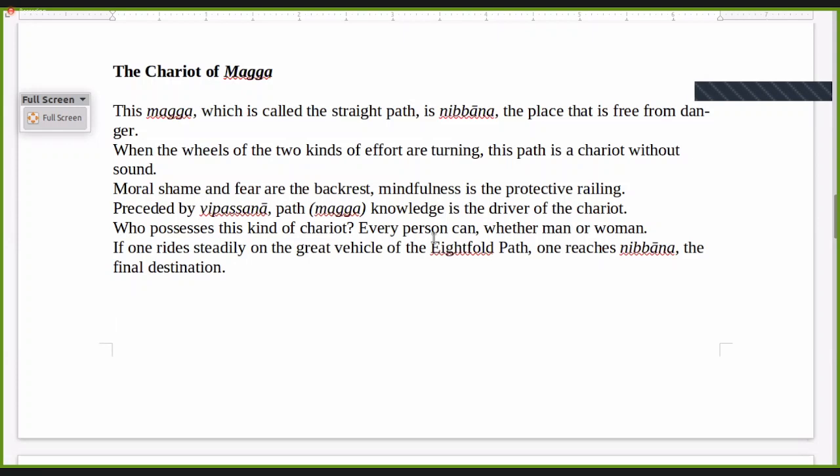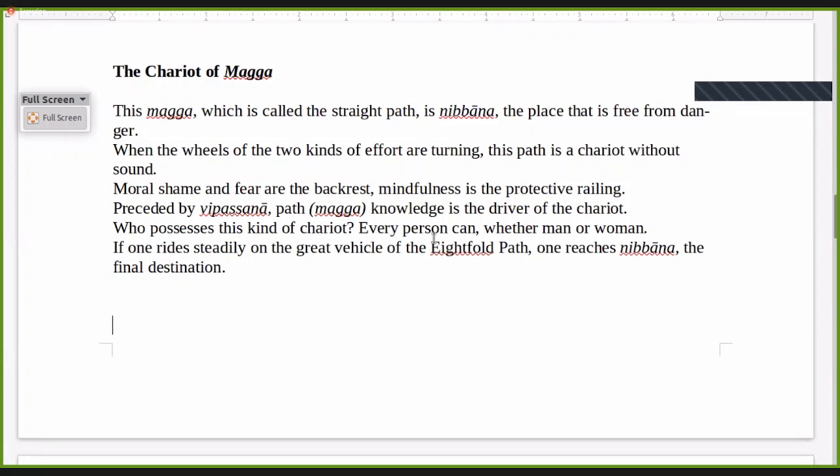When the wheels of the two kinds of effort are turning, this path is a chariot without sound. Moral shame and moral fear are the backrest.